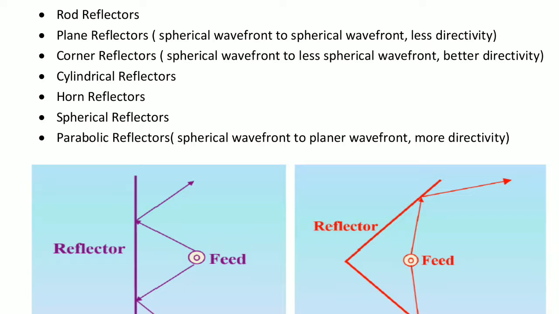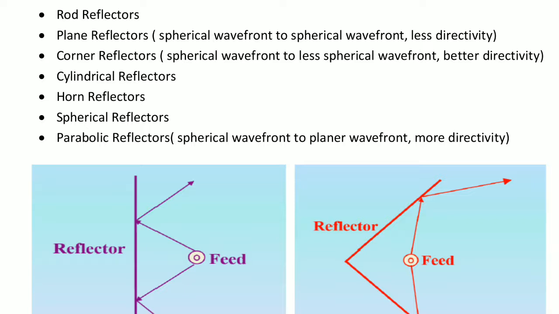So we will move towards the corner reflector, which is very important in this topic. Again, in brackets I have mentioned, in corner reflectors spherical wavefront is converted to less spherical wavefront, and it has better directivity as compared to plane reflectors.